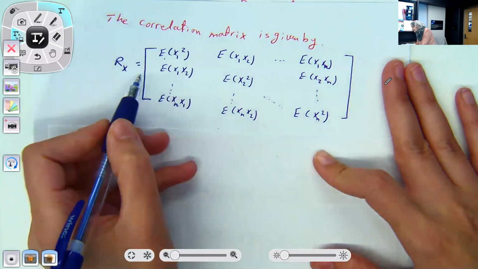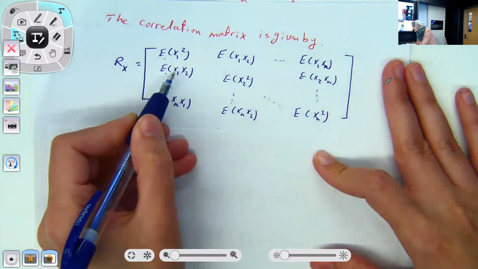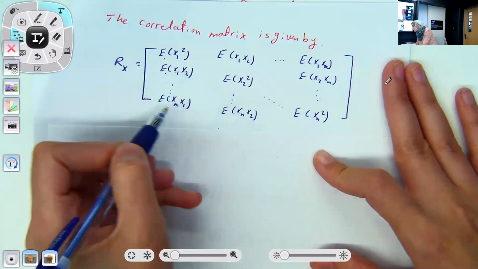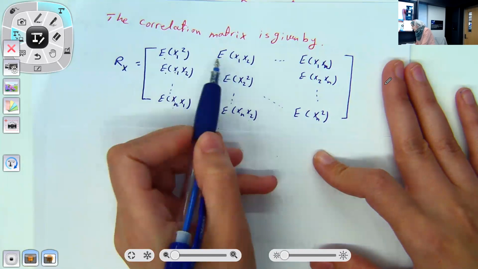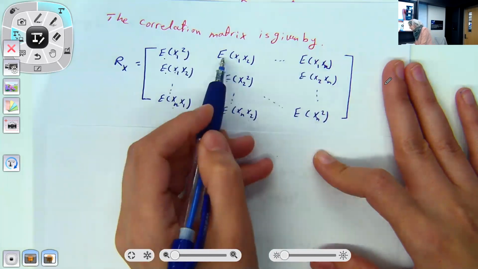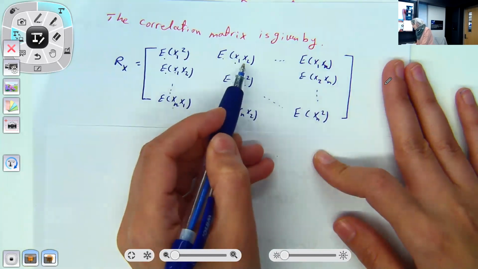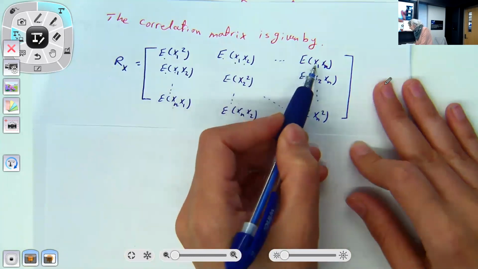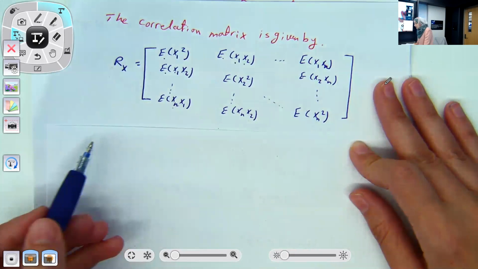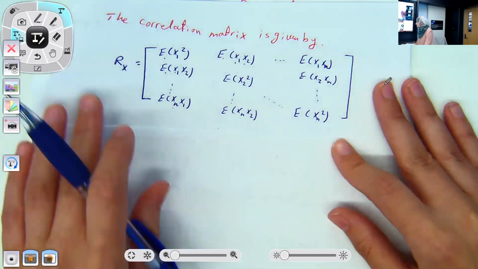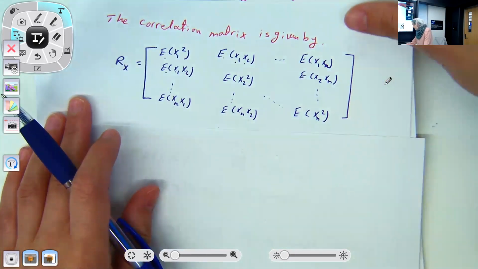And here we have the expected value of the multiplication between x1 and x2, up to the expected value of x1 times xn. Here, the same thing. This is what we call a correlation matrix.